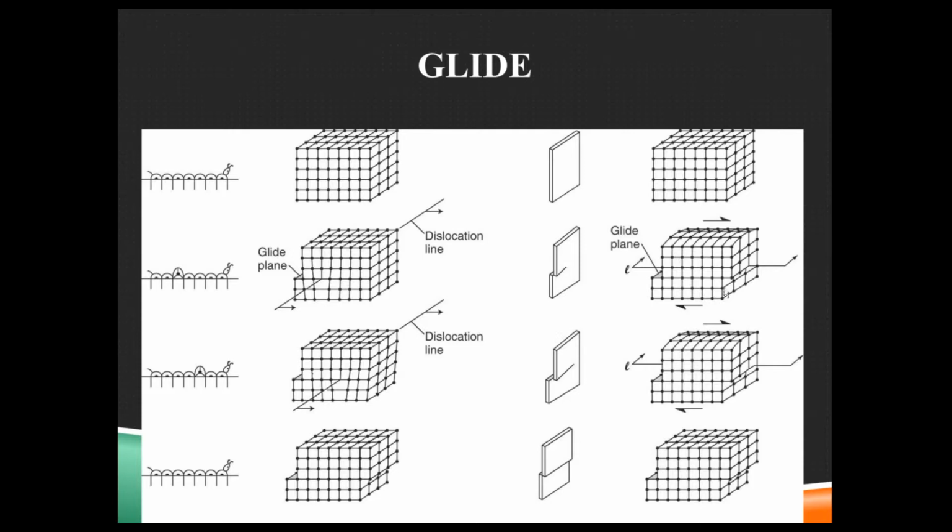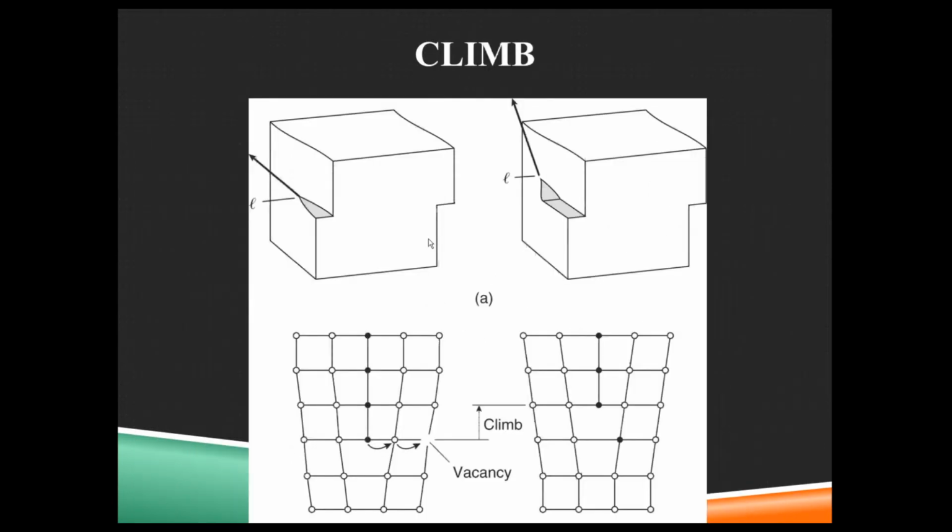Now climb is when you have something like that second one here, so this guy on the right, where it's kind of scissoring across, and then it jumps up a row, so it's not staying in the same plane anymore. Basically what happens is we get a vacancy, so this imperfection that's gliding along, there's a vacancy right above or right below it, and that's going to make it jump.